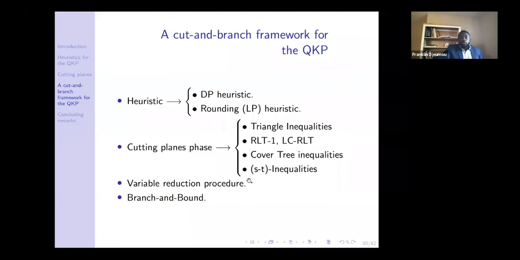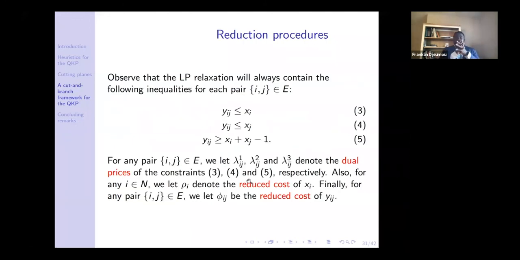So how does it work? In our linearization of the QKP, we take the three McCormick inequalities that are used to replace the quadratic constraint Yij equals xi times xj. These are the three inequalities.